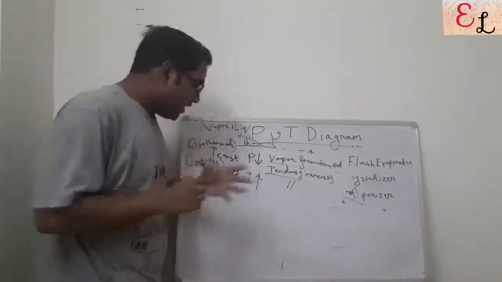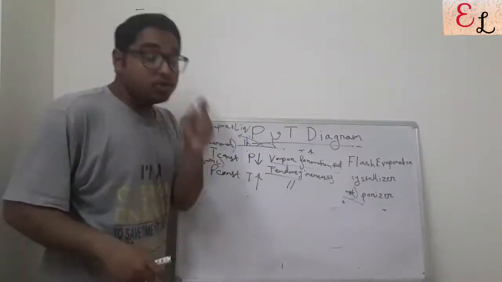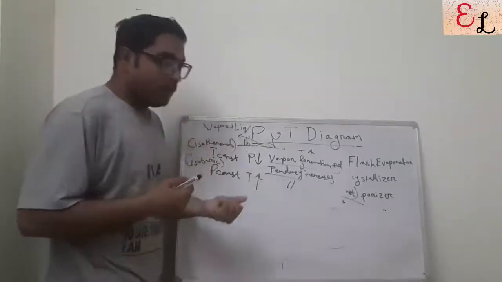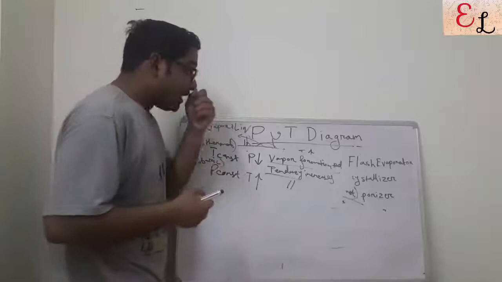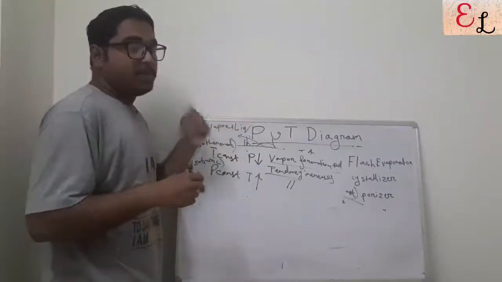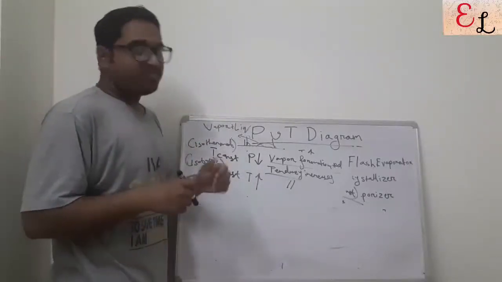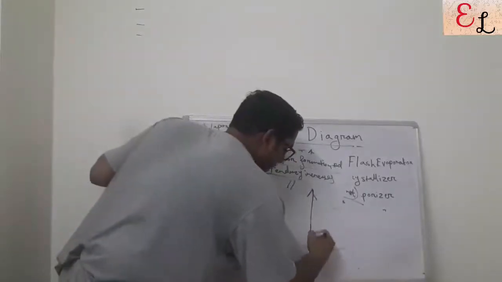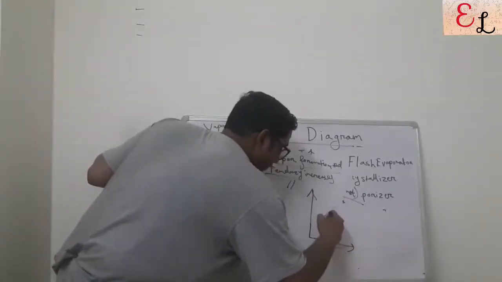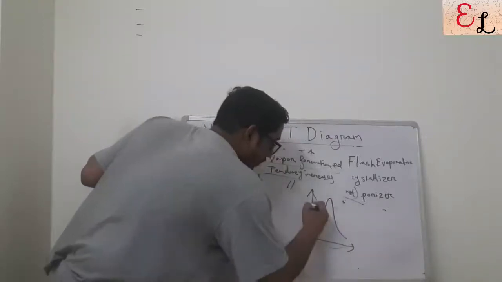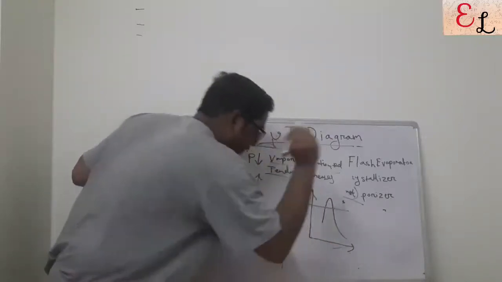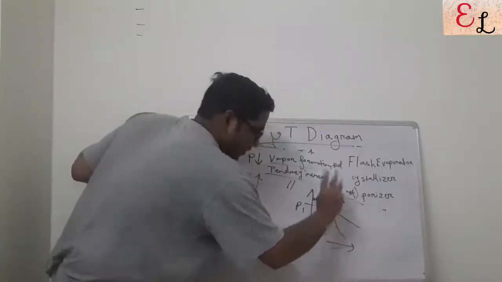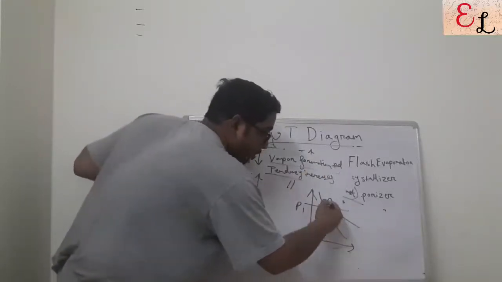And at constant temperature, a liquid that used to boil at 100 degrees Celsius will now start boiling at a lower temperature if the pressure is decreased. What does this mean? Supposedly this is my graph. For a higher pressure, we need a higher isotherm to cause the boiling of the liquid.